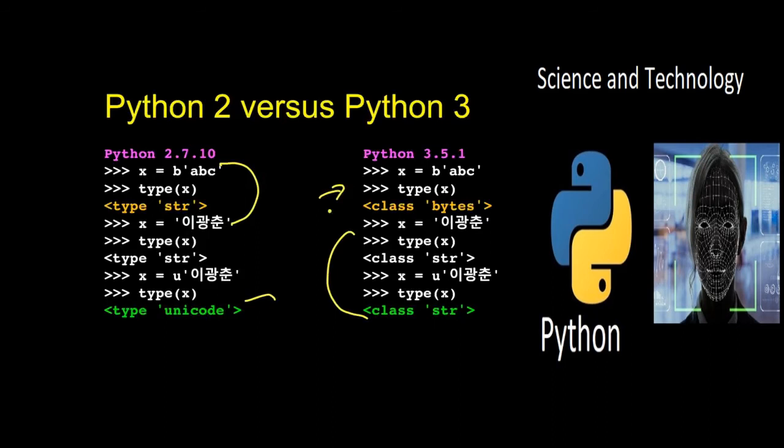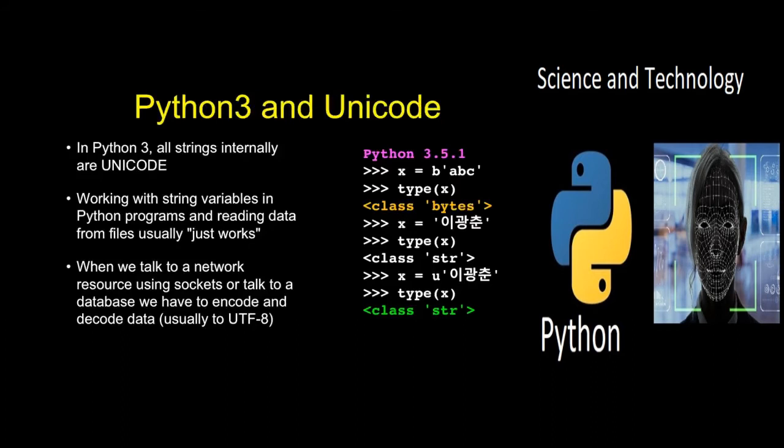And there'll be times when we get bytes from APIs. When we call things, we have to then figure out what kind of thing those bytes contain, because the bytes might contain ASCII, they might contain UTF-8, they might contain various things. And so internally, all the strings in Python 3 are Unicode. Most of the time, if you're inside the program or reading and writing files, we just work.